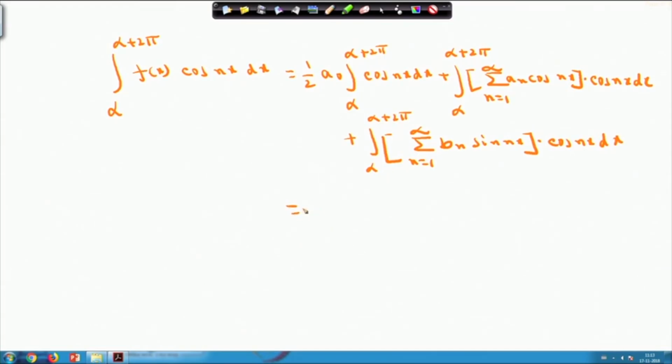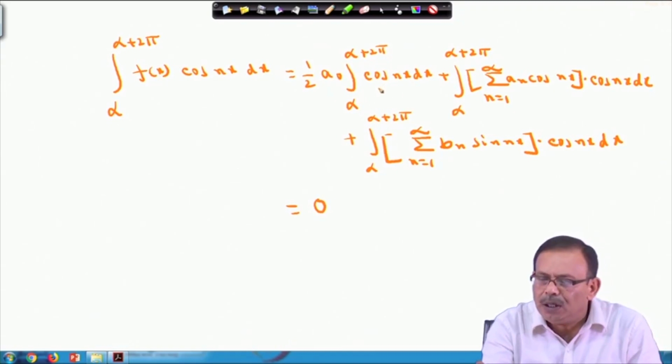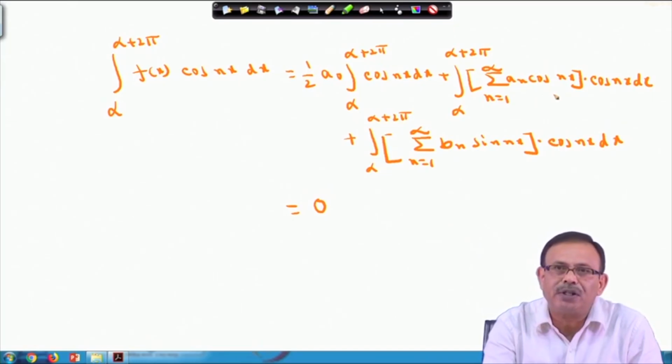Using the definite integrals, the value of the first integral will be 0, if you see the values of the integrals from there. Here it is cos nx into cos mx dx. Whenever m is not equal to n, this value will be 0.